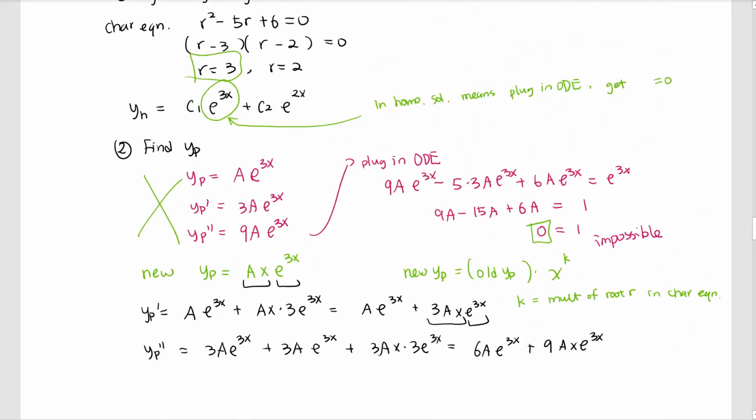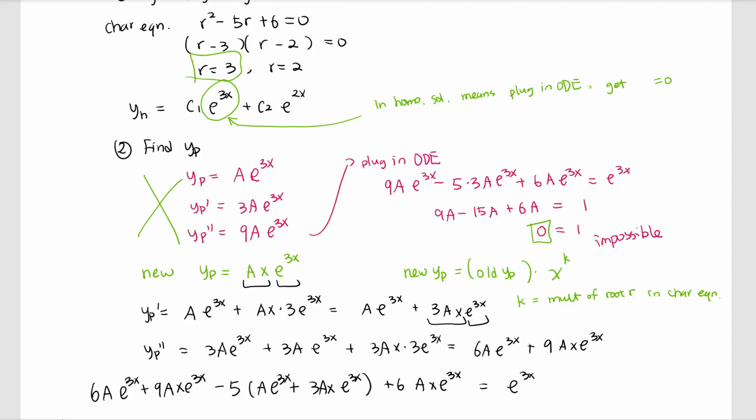So y prime prime, which is this guy, 6a e to the 3x plus 9ax e to the 3x, minus 5 y prime, which is a e to the 3x plus 3ax e to the 3x, and plus 6y. So 6y, y is ax e to the 3x. So far, so good, everybody? That equals e to the 3x.